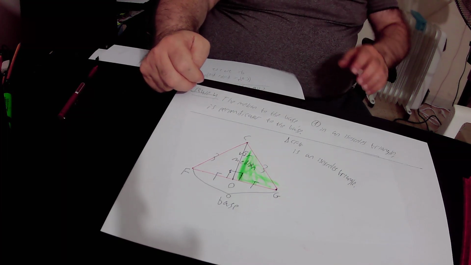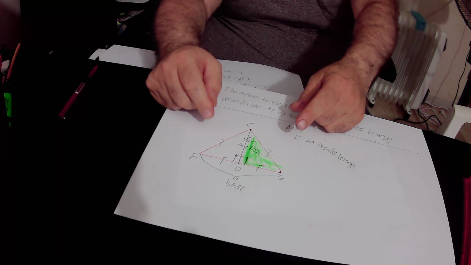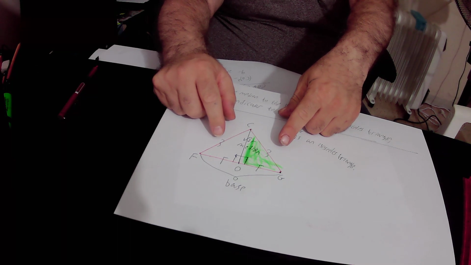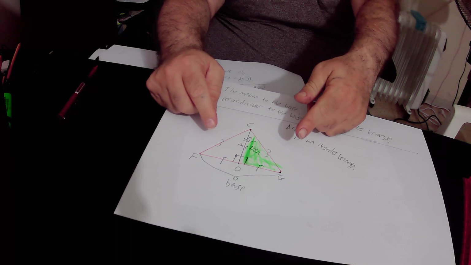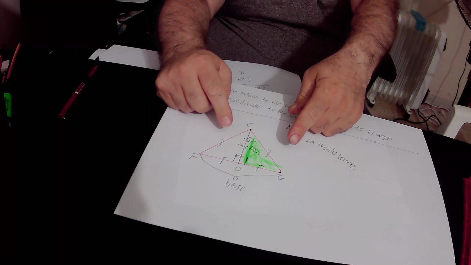So we actually have here two right triangles that are congruent to each other. They are identical actually. According to the side rule, they are congruent.